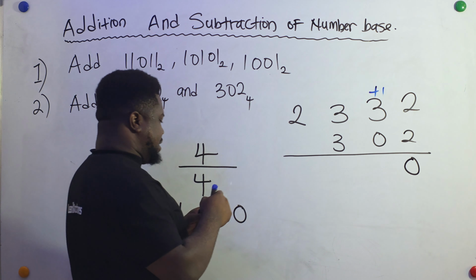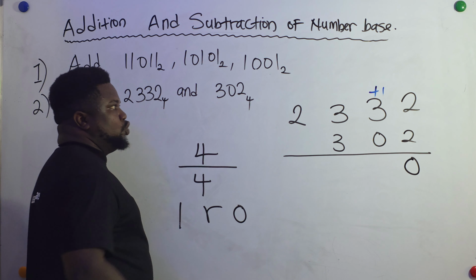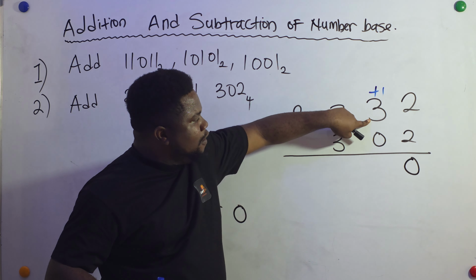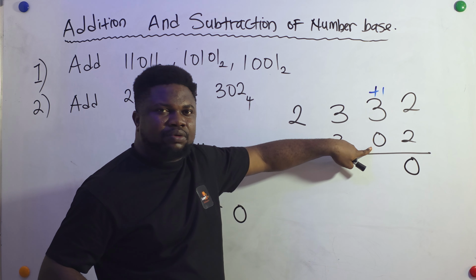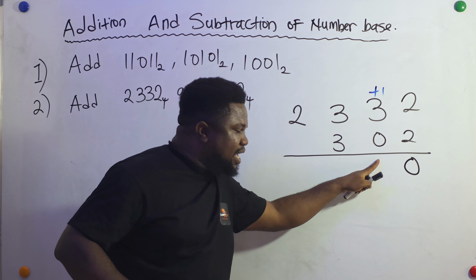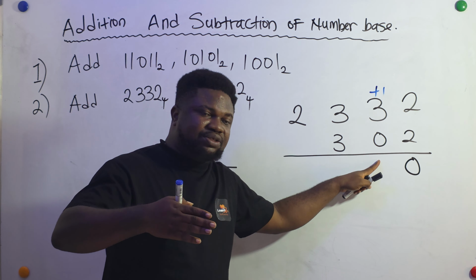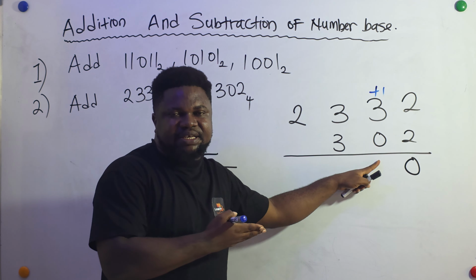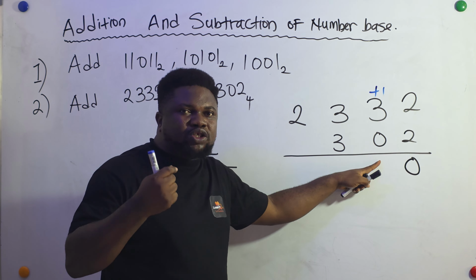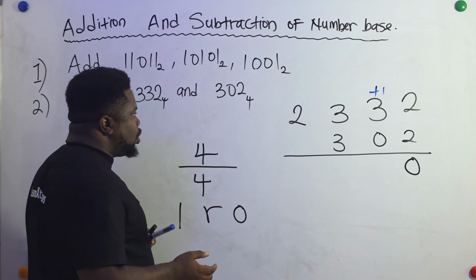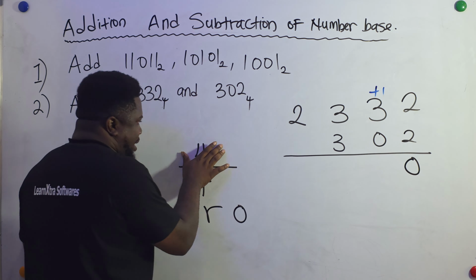My quotient goes to the next column. So 1 plus 3, 4. 4 plus 0, 4. Do I put 4 here? No. If it's in base 10, you can say yes, 4 can stay here. But base 4 does not permit us to write 4 as the answer. So what do we do? We divide the 4 we have by 4.